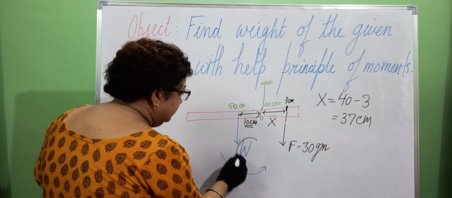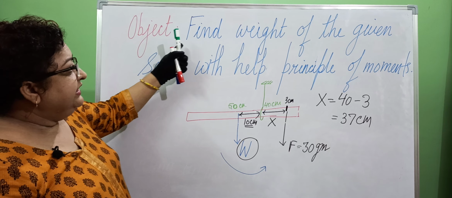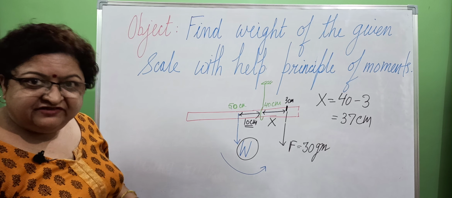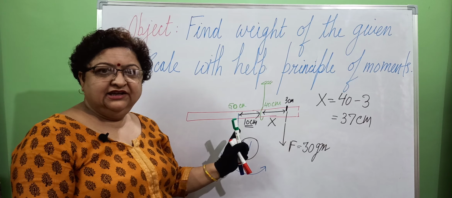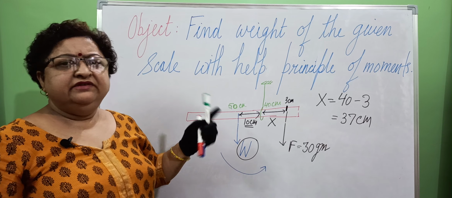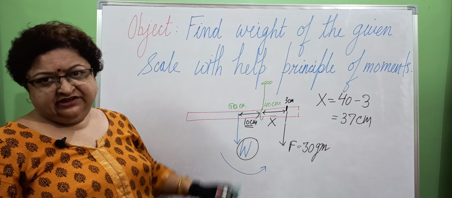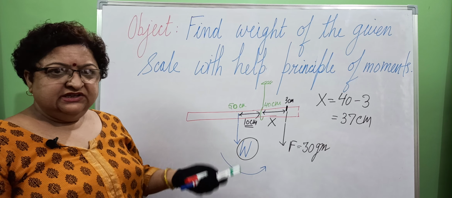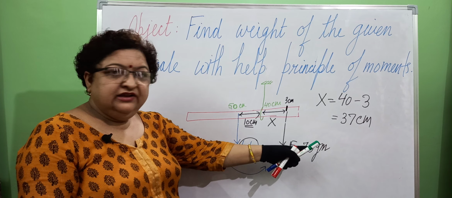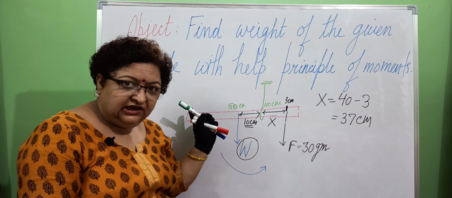The weight of the scale is not known, and our objective is to find the weight of the given object. What I did, first I suspended the scale at a point other than the 50 centimeter mark where the weight of the scale is acting. I suspended it at the 40 centimeter mark. The scale was not balanced now, so I used the 30 gram weight to balance the scale.